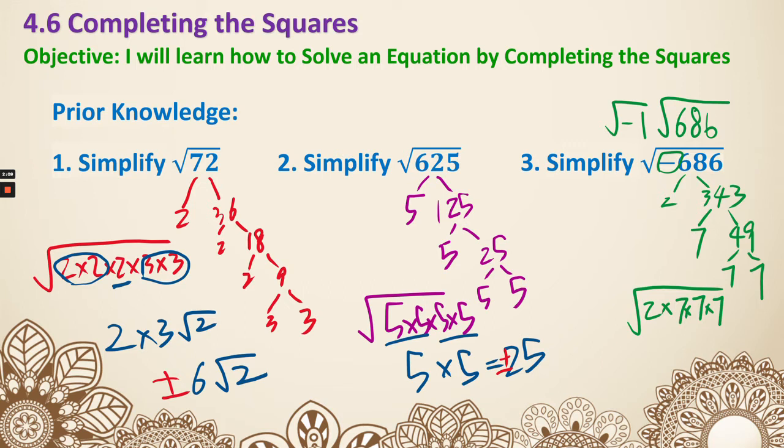We have a pair of 7, take it out. Then we still have 2 and 7 left inside, 14. But do not forget, we have this in the front. Square root of negative 1 is actually an i. And since this part still gives us plus minus, we need plus minus in the front. That's what we have learned in Unit 2. If you're struggling with it, please go back and review.